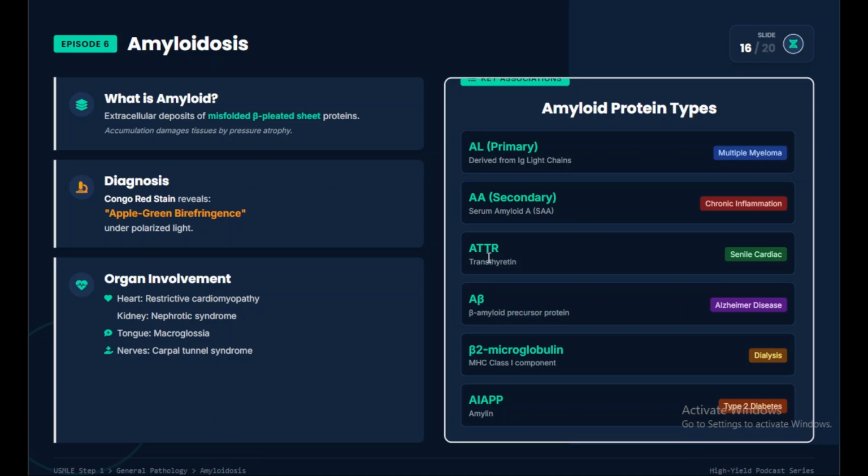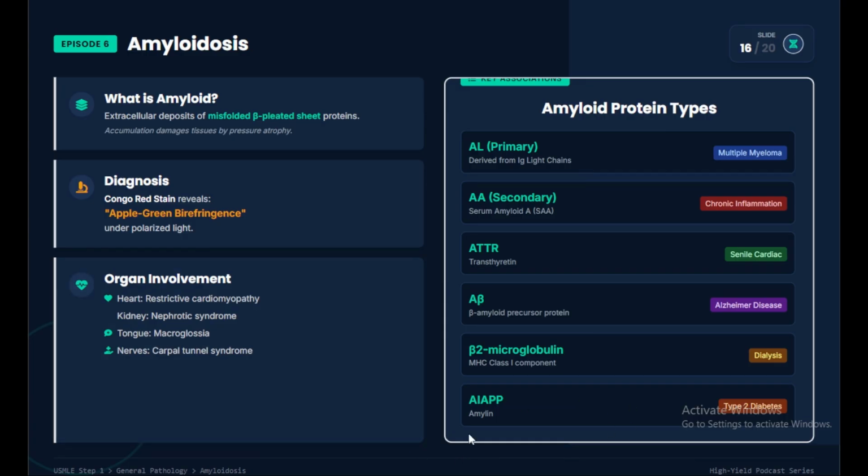Now, there is amylin related amyloidosis, due to a protein called amylin, seen in patients with type 2 diabetes mellitus. It is very, very rare, so I don't think you will experience it in the exam, but keep in mind that type 2 diabetes mellitus is related with amylin related amyloidosis.